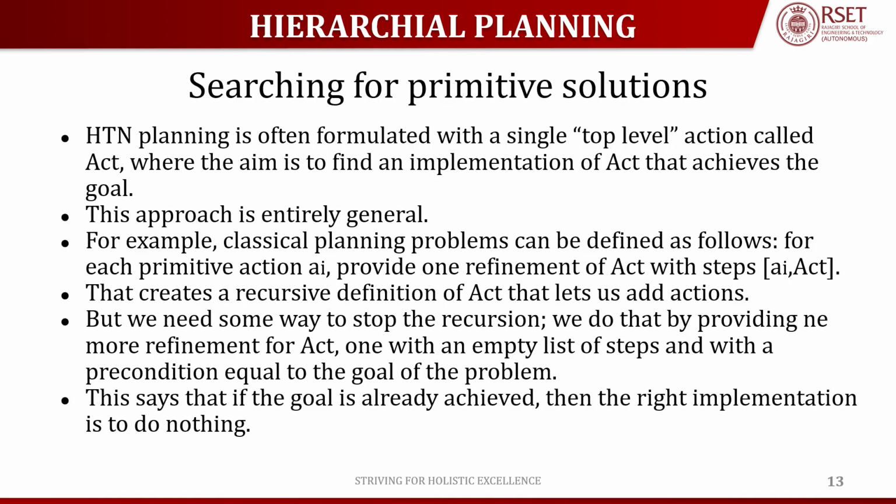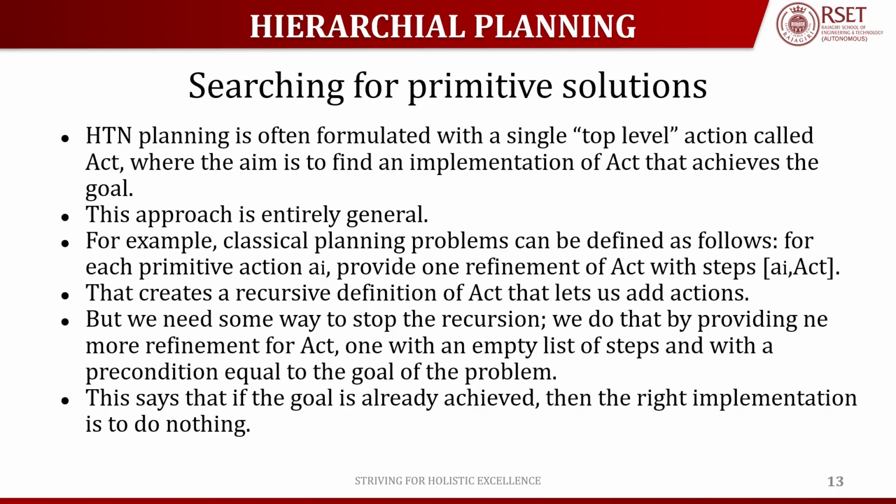Next is searching for primitive solutions. HTN planning is often formulated with a single top-level action called ACT, where the aim is to find an implementation of ACT that achieves the goal. This approach is entirely general.